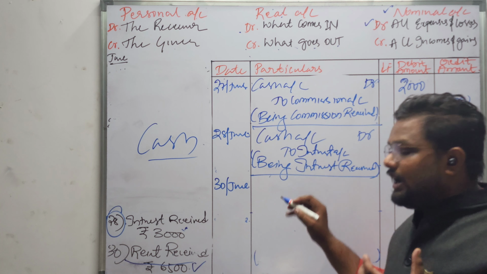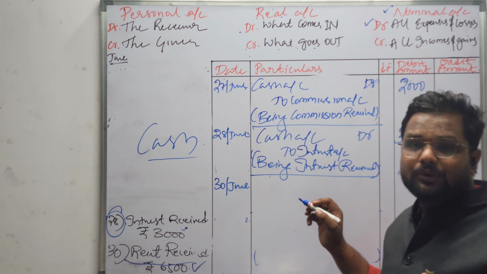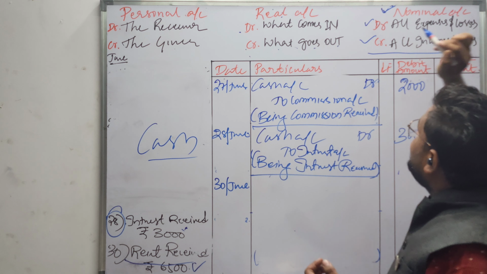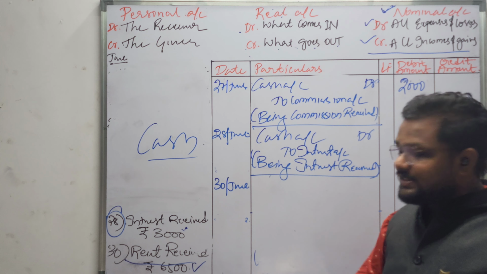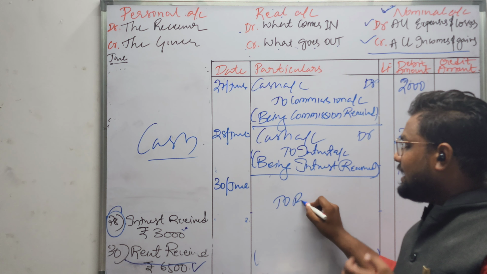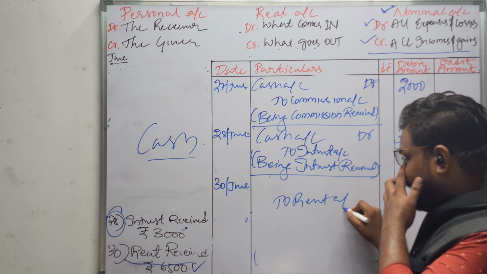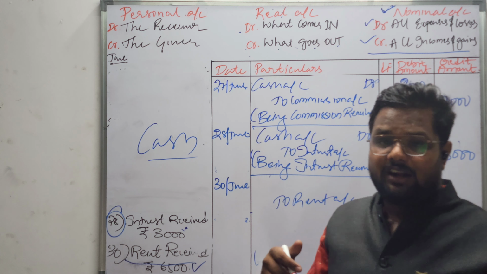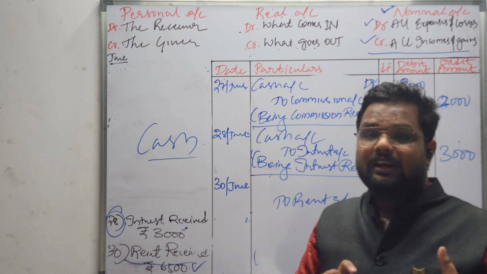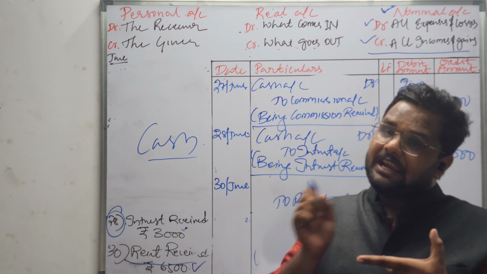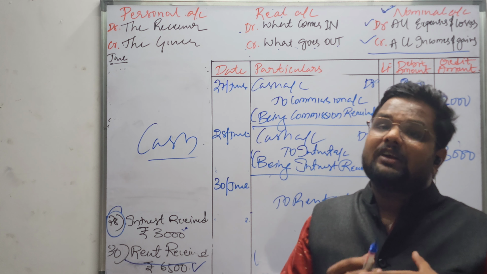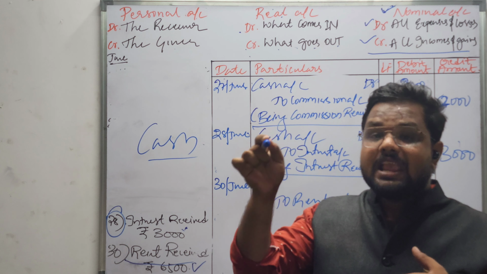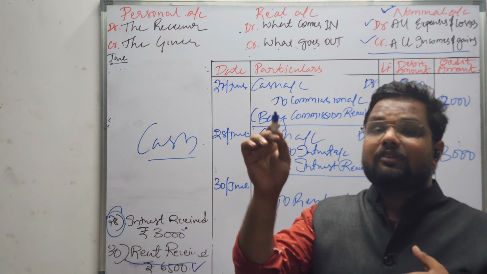So now rent here is an income for you. So according to the nominal account credit rule, credit all incomes and gains. Now rent is an income for you, so to rent account. Now what is to be debited? Whenever you are receiving the rent, actually you are not receiving the rent, you are receiving the cash. Likewise, whenever you are paying for expenses, you are not paying the electricity bill itself, you are paying it in the form of cash.